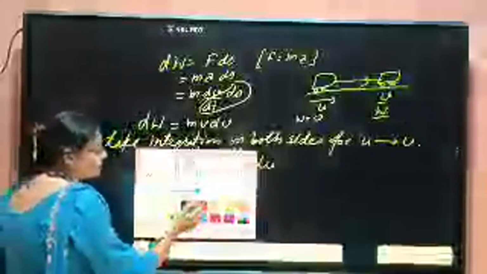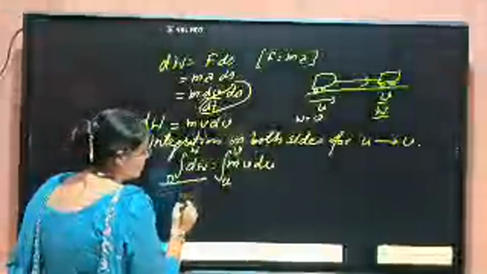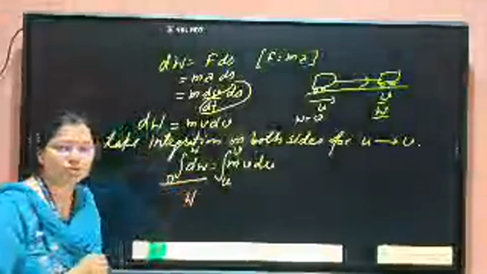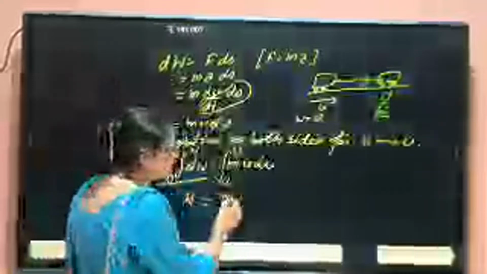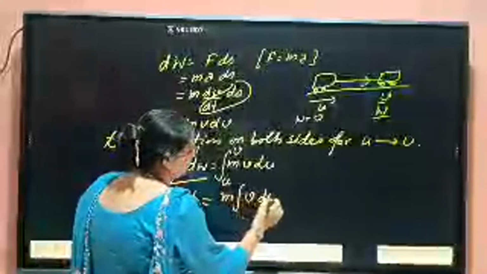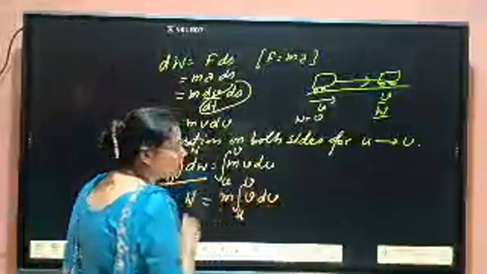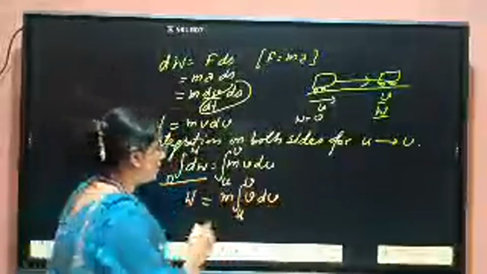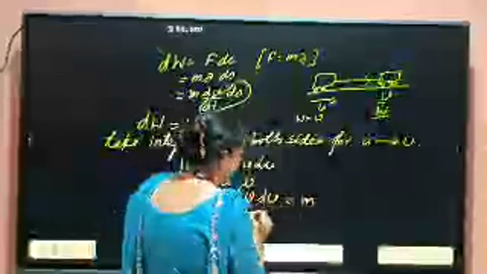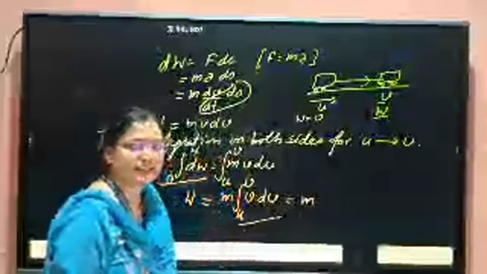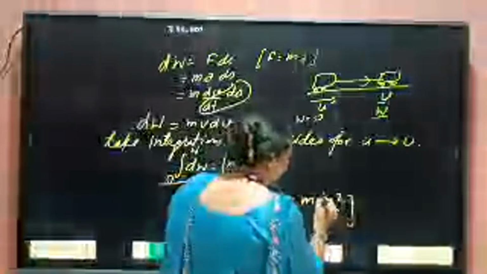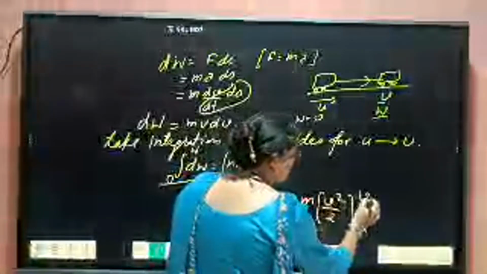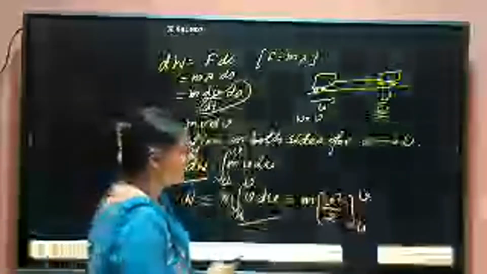Now take the integration of this. The integration of dw, after putting the limits, will be W. Then the mass stays as it is, and the integration of v dv from initial velocity to final velocity gives v square by 2. Now solve this.